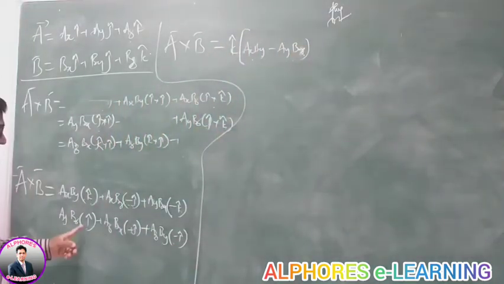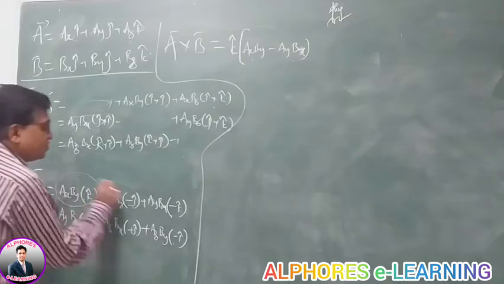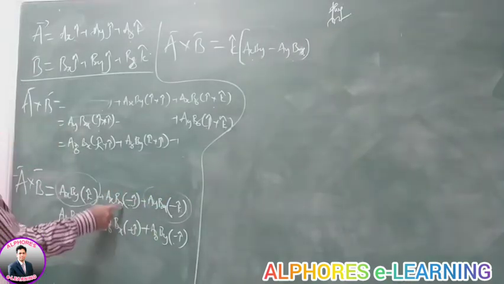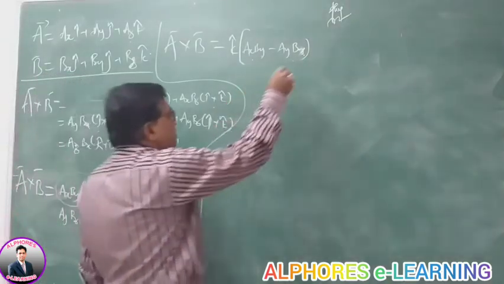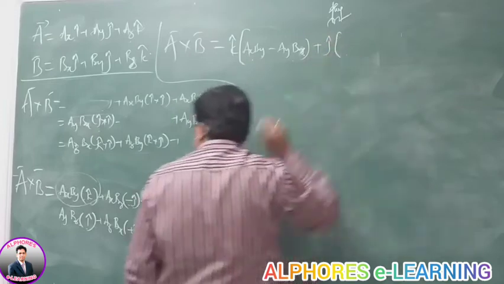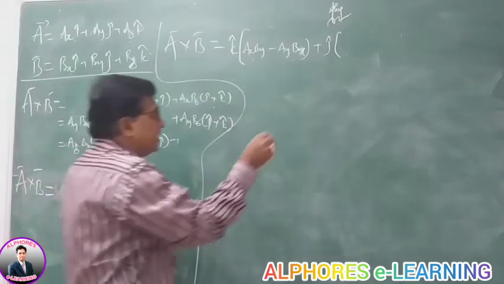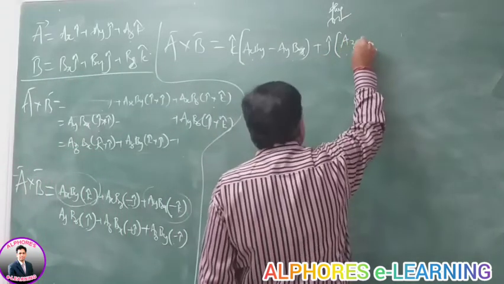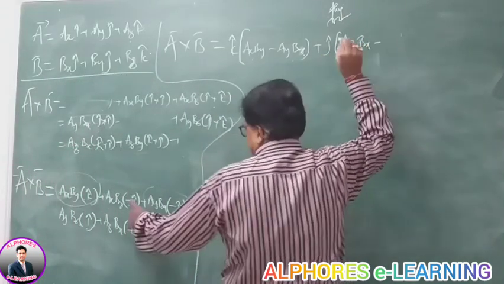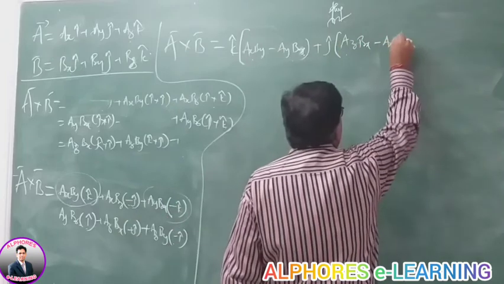Next, these two terms are over. Now for these two, let's take j common. So plus j times az bx, and minus ax bz.